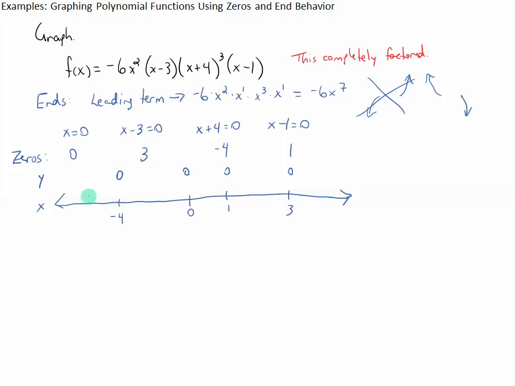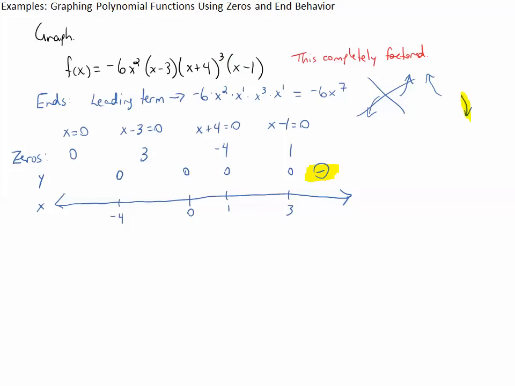Now, y is going to be positive or negative in each of the regions between those x values. So I'm going to use my ends to help me get started. I know the right end of my graph goes down forever, so that means the right end of my graph has to be negative. You see how I avoided plugging any numbers in to figure that out?